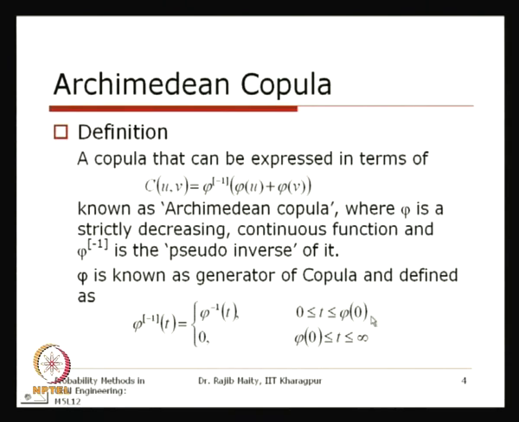From 0 to the value of the function at 0, as long as t lies there, we take the simple inverse of that function, and beyond that range, from phi 0 to infinity, it should be 0. This is what the pseudo inverse means. Now we will see some examples of the Archimedean copula along with their generator phi, and it will be more clear.